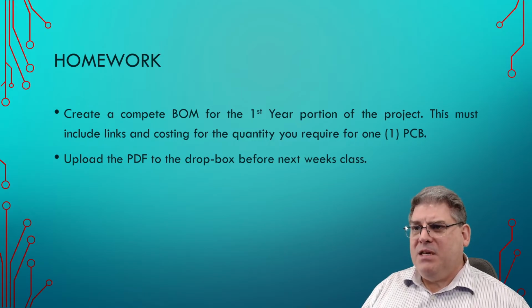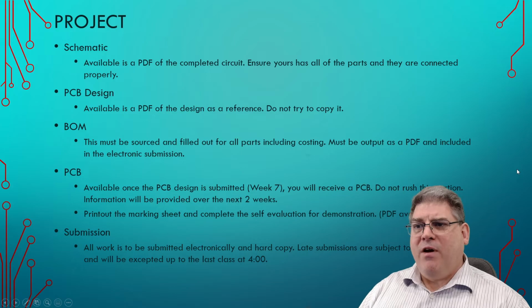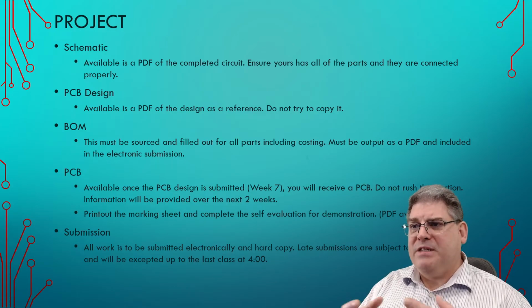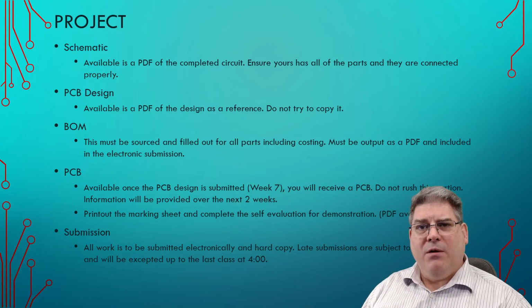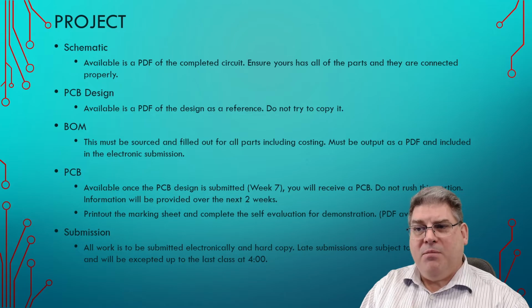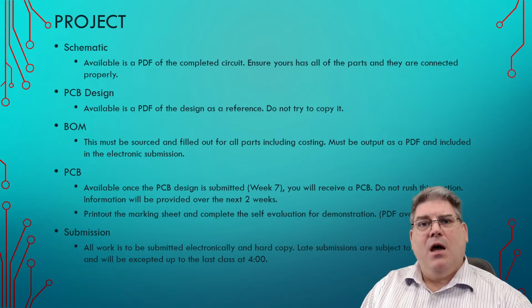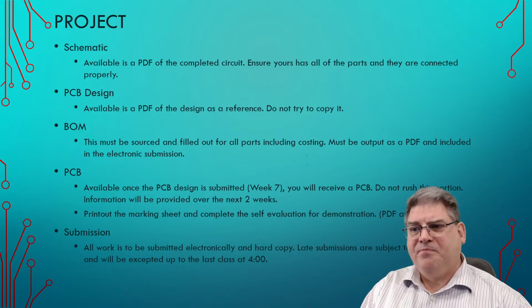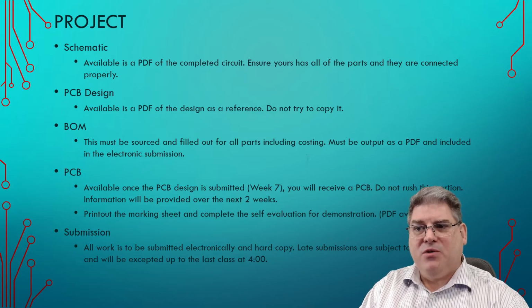In the meantime, I'm going to provide to you information on the project. Basically, I'm making available this week the material in a PDF format for the schematic and my PCB design, and I think next week I will provide for you my bill of materials so that you can reference it.